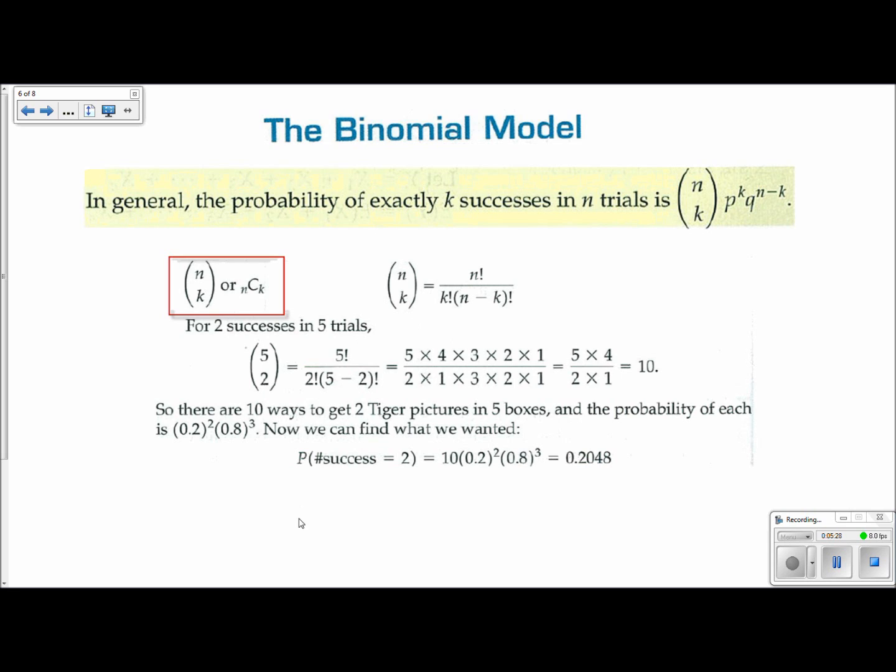Also, down here, if you're looking at 2 successes out of 5, then you will need 2 successes and 3 failures, and you multiply that probability times how many ways you can order those 2 successes among the 5 trials. So that's where the formula comes from.